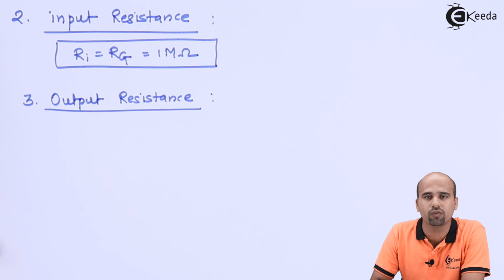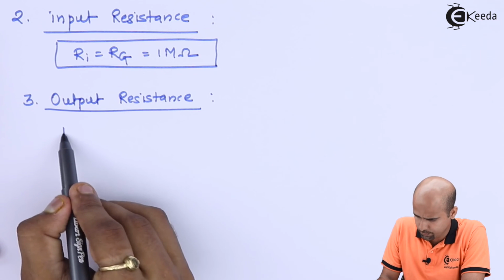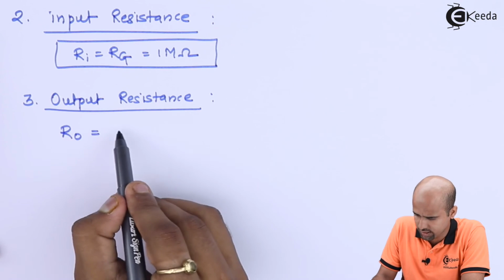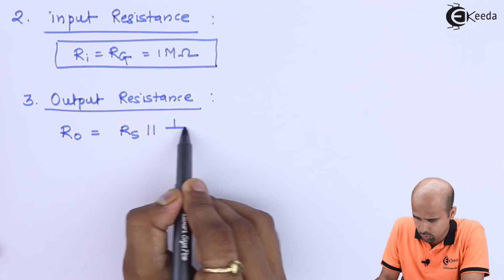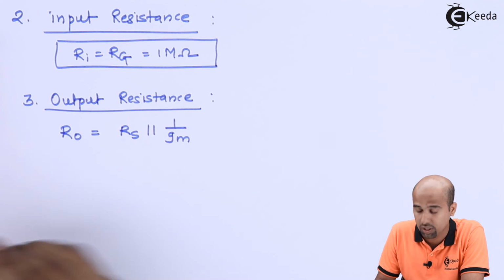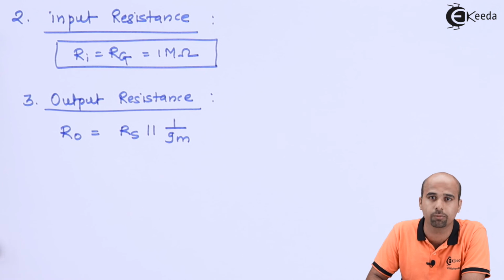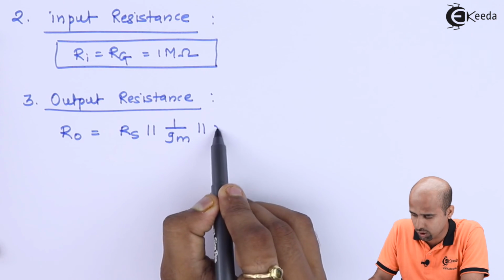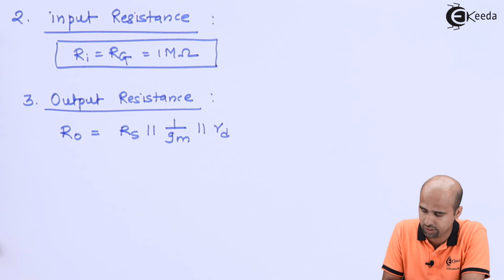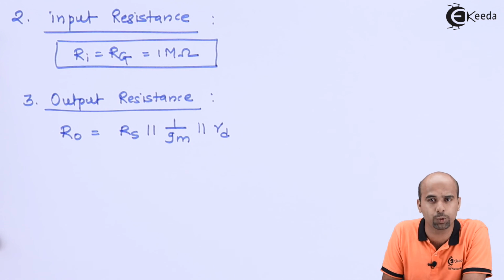The actual formula for output resistance is Ro equal to Rs parallel 1 upon Gm if Rd is not present, but here Rd is given, so we have to take one more parallel combination with Rd. If you have confusion, you can refer to my video on comparative analysis of CG, CD and CS amplifiers.